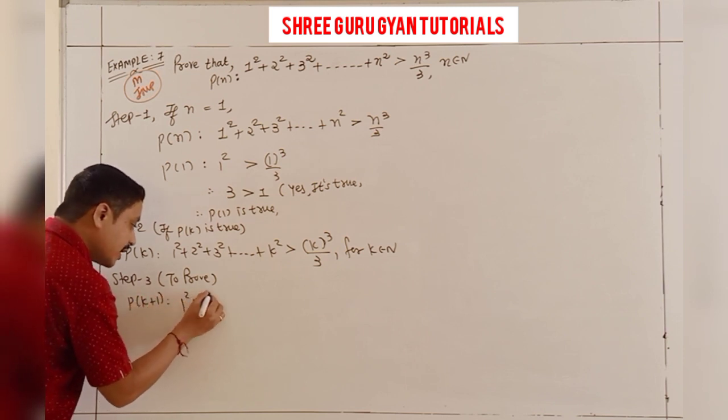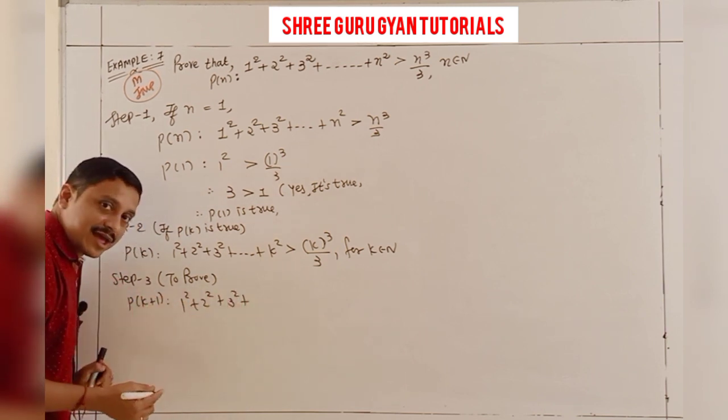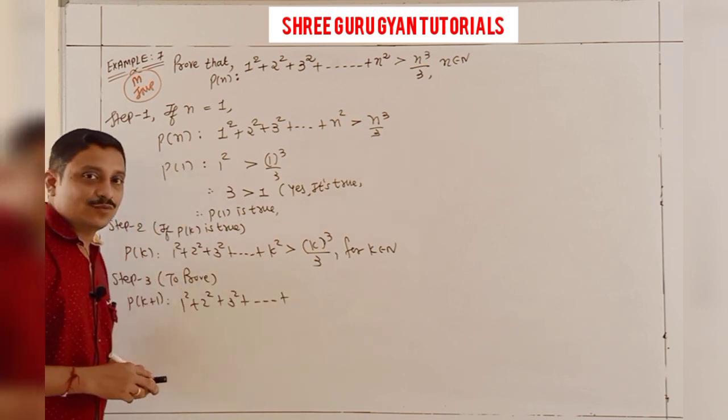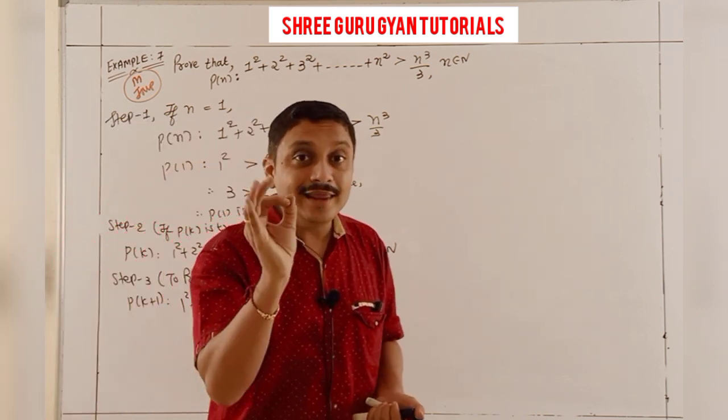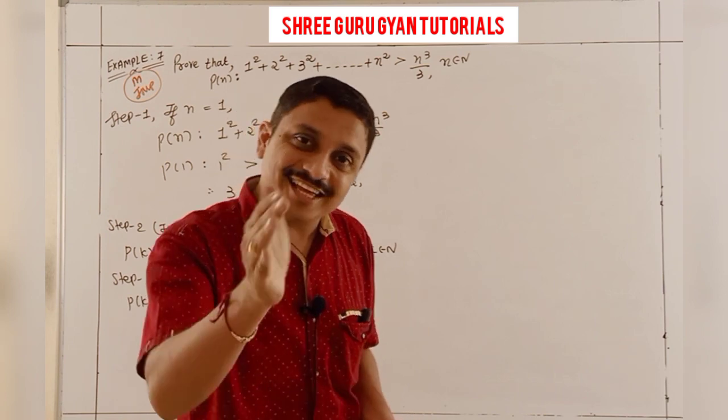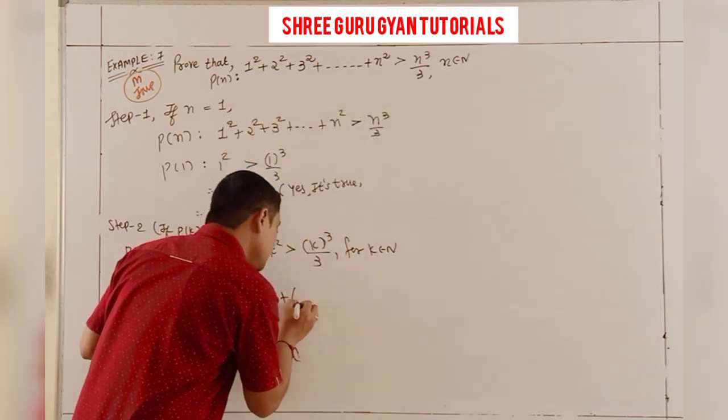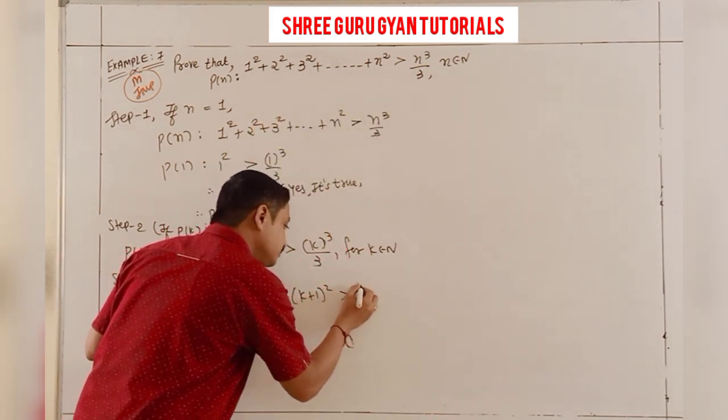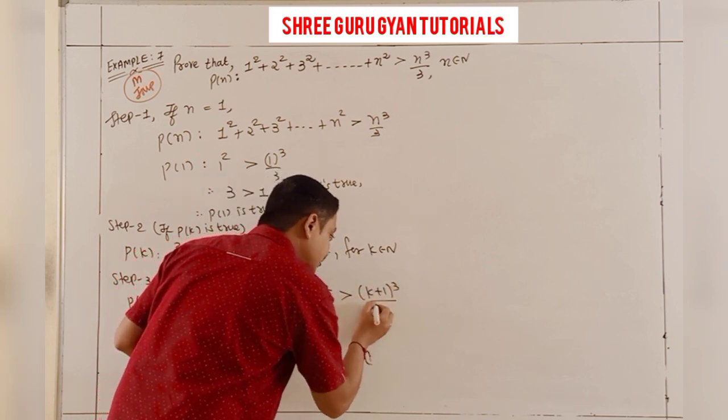So 1 square, 2 square, 3 square, and what is the change now? Only k changes to k plus 1, so here k plus 1 replaces k.